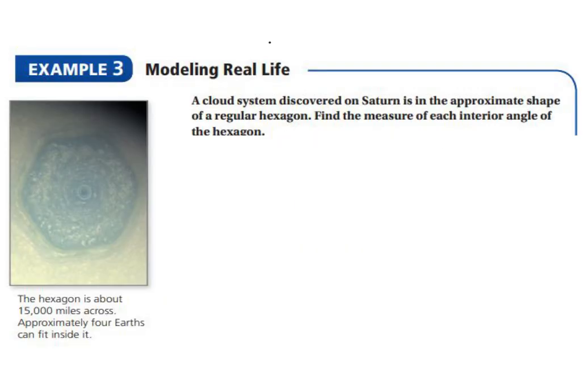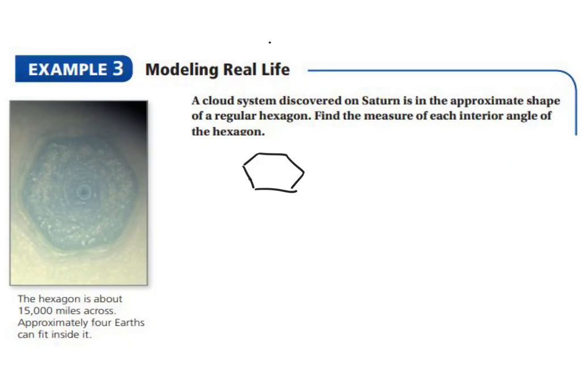Now for our modeling real life. It says a cloud system discovered on Saturn is the approximate shape of a regular hexagon. Find the measure of each interior angle. So a hexagon is 6-sided. That is not a perfect hexagon by any means. Definitely not a regular, because a regular hexagon means they have all the same exact sides.